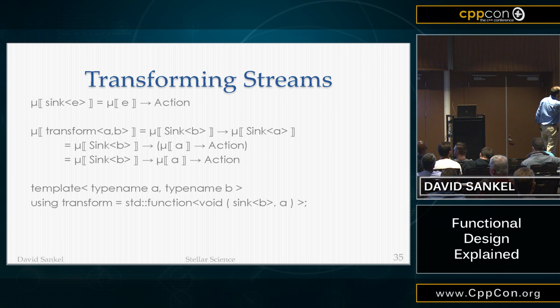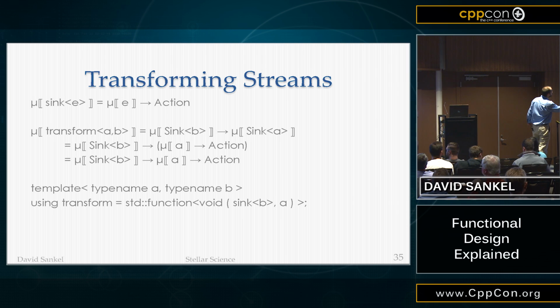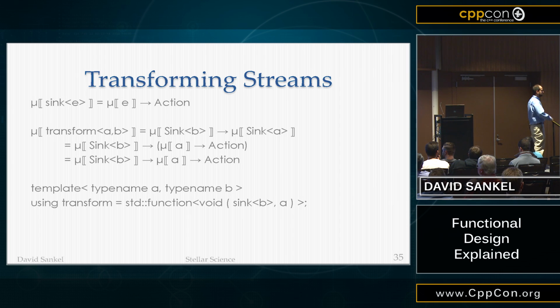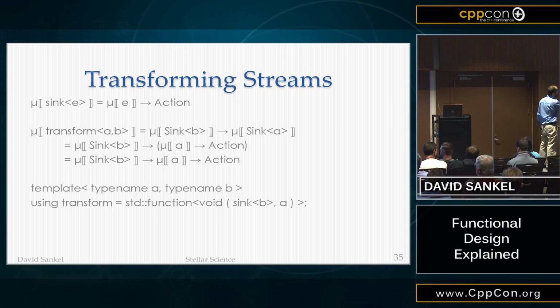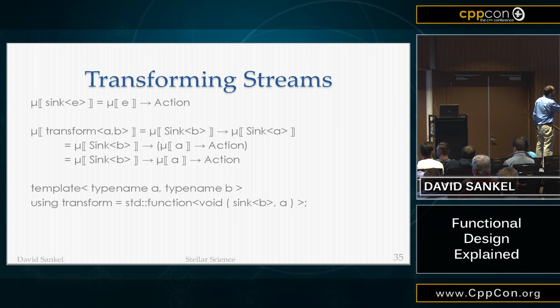That's like one function. But we can just say this is a single function which takes in a sink and a value of A and just does some kind of action. We're just moving things around a little bit. So a transform here, we can say that it's just a function which takes in a sink of B and an A, and that's all a transform is.